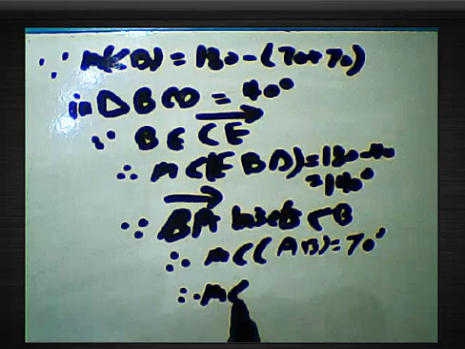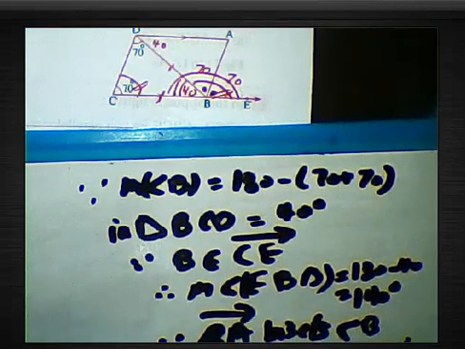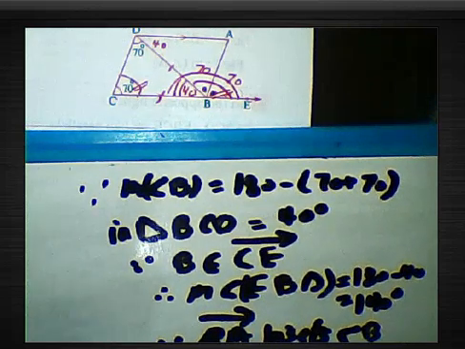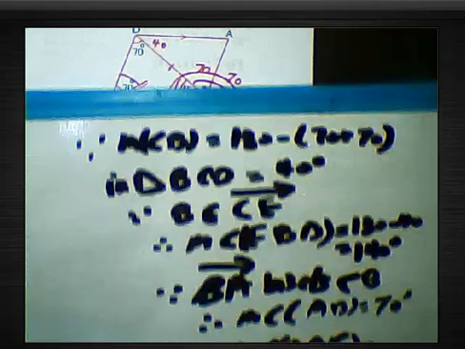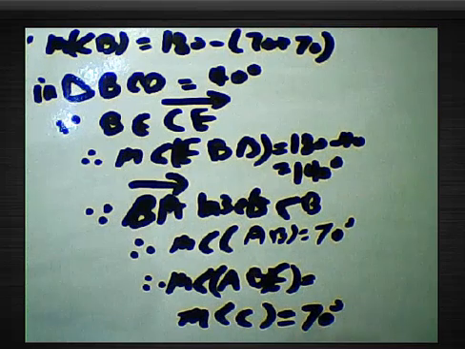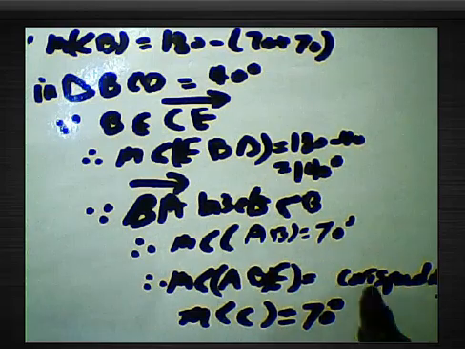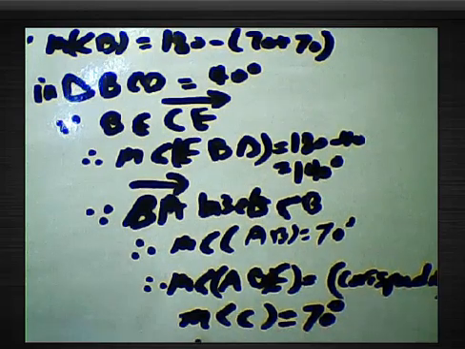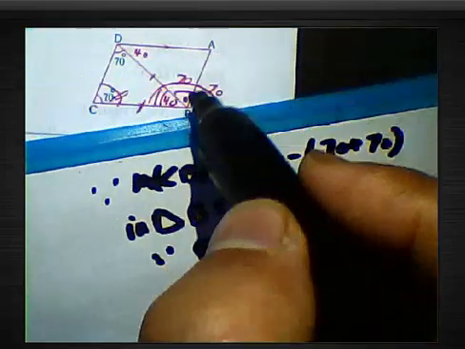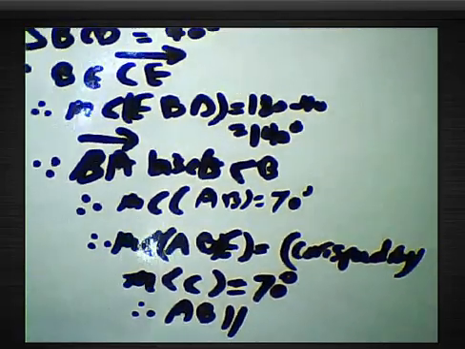Then the measure of angle ABE equals the measure of angle C, equal to 70 degrees. What do we call it? Corresponding angles. Then AB will be parallel to CD, okay? AB will be parallel to CD.